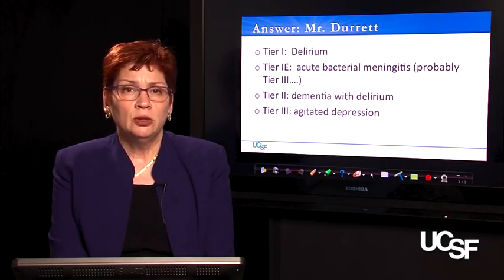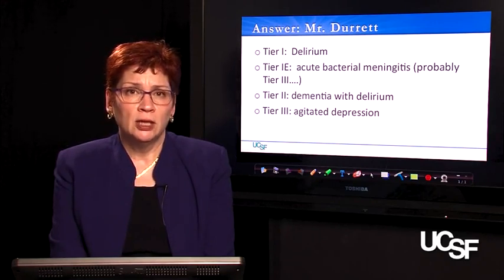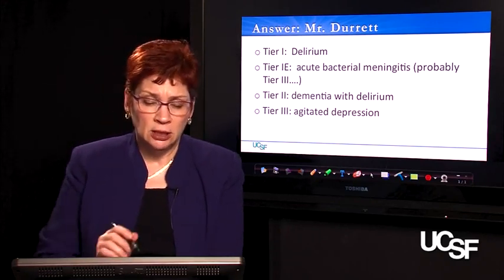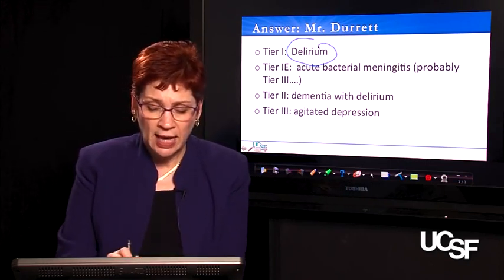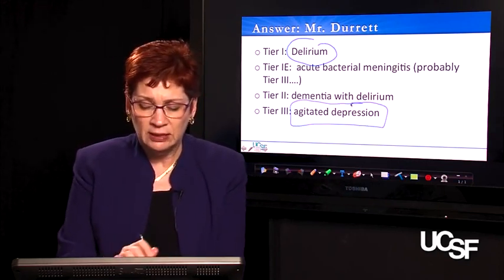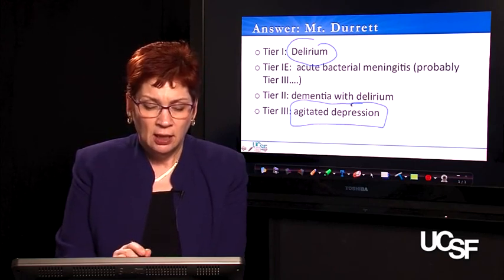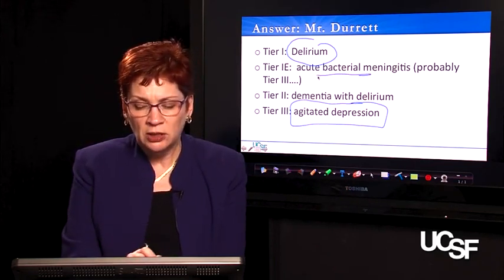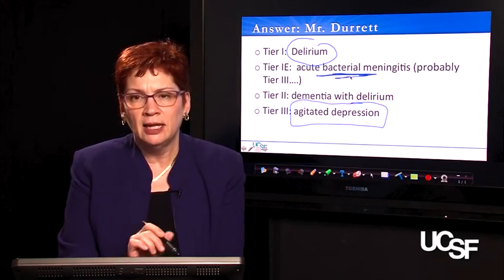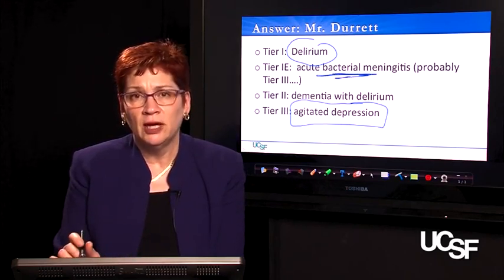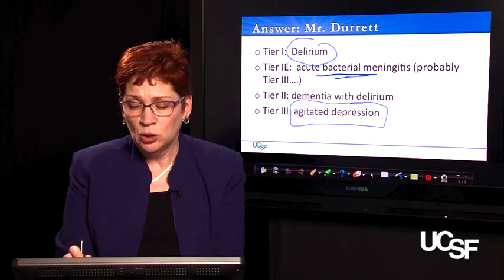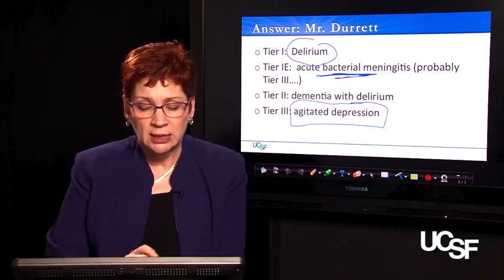So if I was going to prioritize the differential diagnosis for Mr. Durrett, I'd say that tier 1 is likely to be delirium. Tier 3, the agitated depression, because he doesn't even really seem depressed, he's just anxious. Tier 1E might be acute bacterial meningitis. I might consider that, although honestly, given the absence of other findings related to meningitis, I think the true tier for bacterial meningitis is a tier 3.